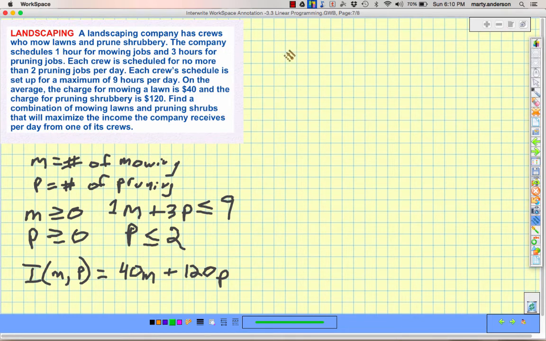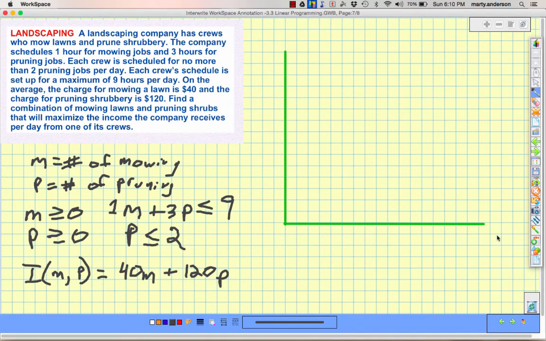And then we have mowing and pruning. I need a quadrant, and I'm going to do this guy right here. And those 2 axes are M and P greater than or equal to 0.